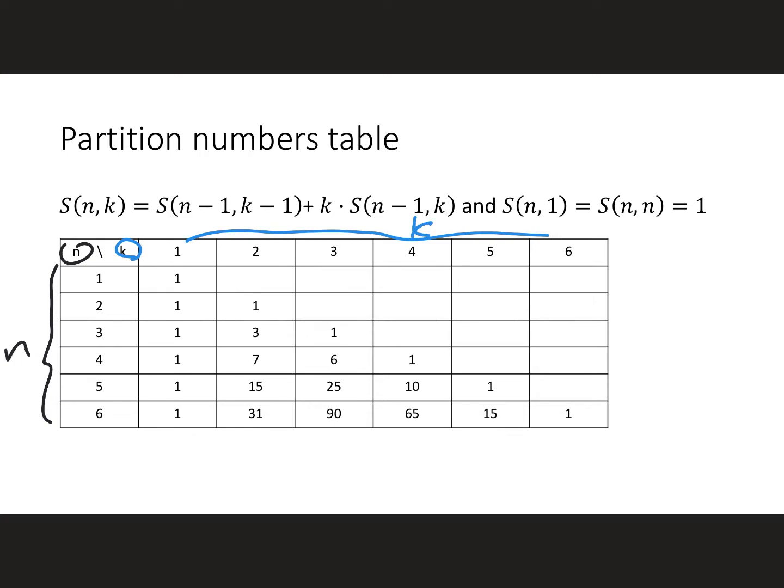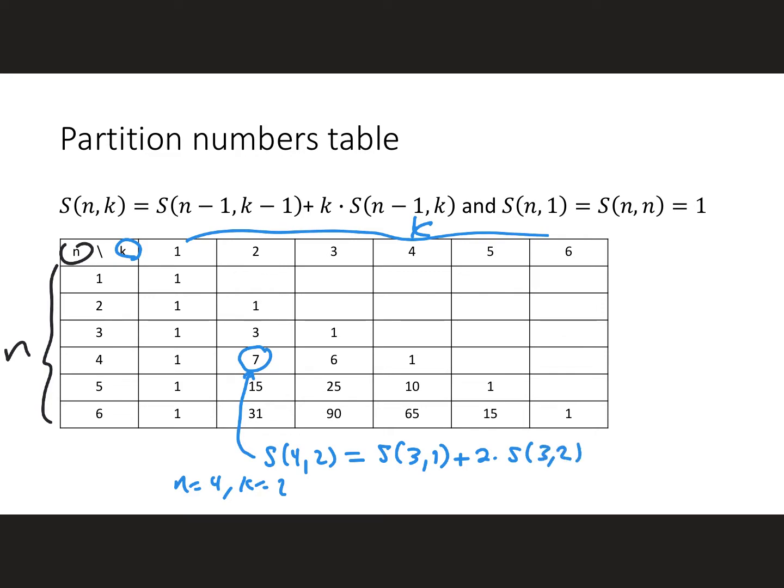So for example, the reason I know this is 7 is this is S42, meaning that n is 4 and k is 2. If I read the recurrence relation I have above that says S42 should be S31 plus 2 times S32.